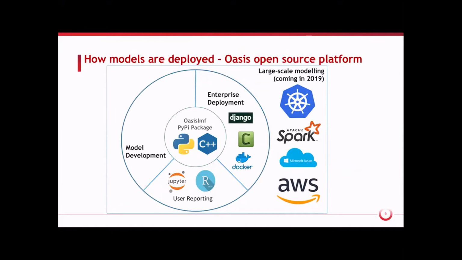Drilling in a little bit more, just to give you a flavor of some of the technologies we use. As an open source development firm, we firmly believe in the benefits and utilities that open source products give you. So the technologies that we use are very much standard open source approaches.